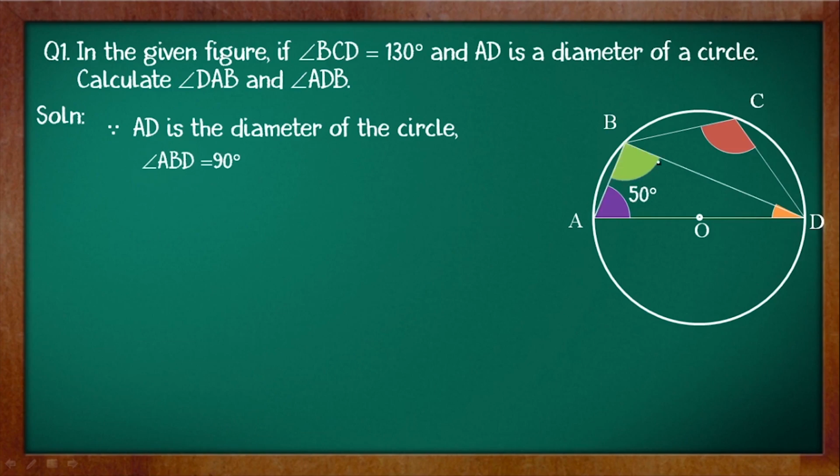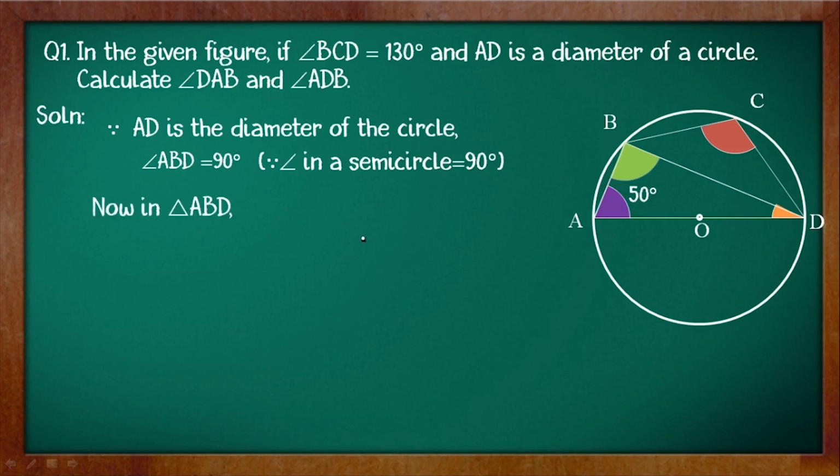Why is that so? Because this is the angle in the semicircle. AD is the diameter and this angle here is standing on the diameter AD, so it will always be 90 degree, since the angle in the semicircle is 90 degree.